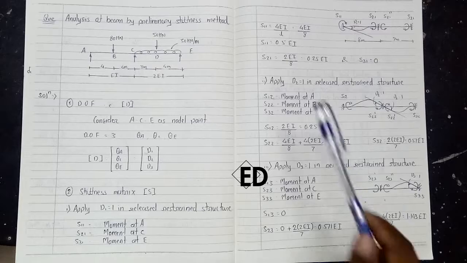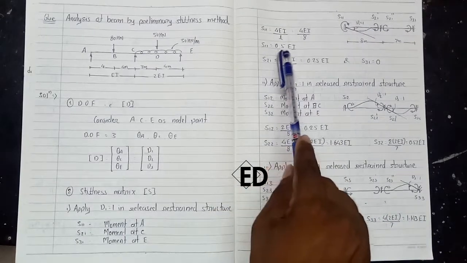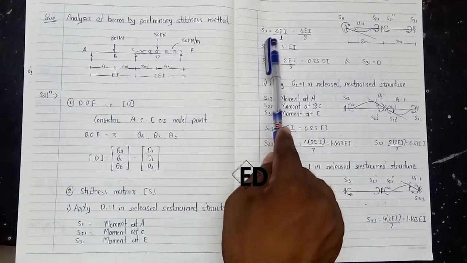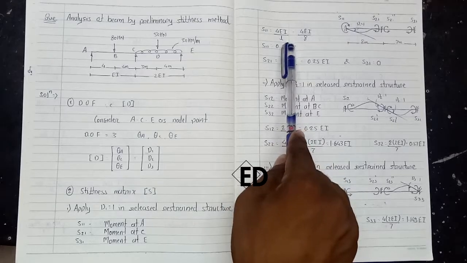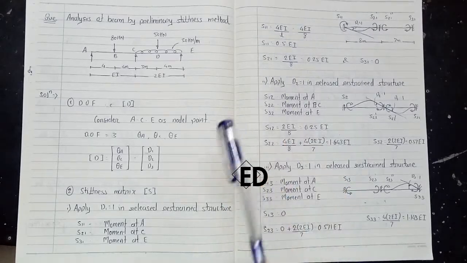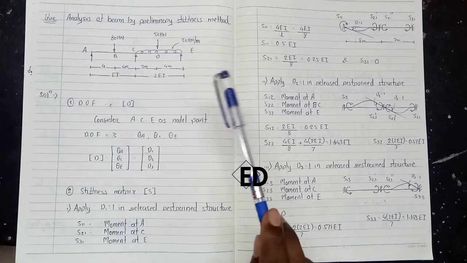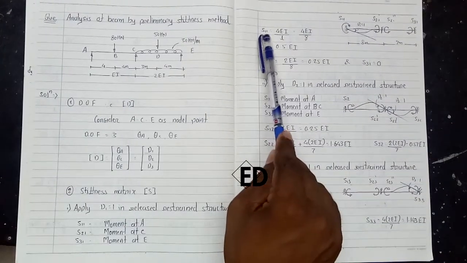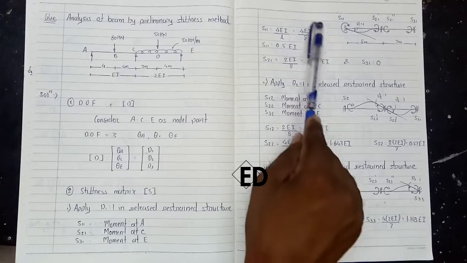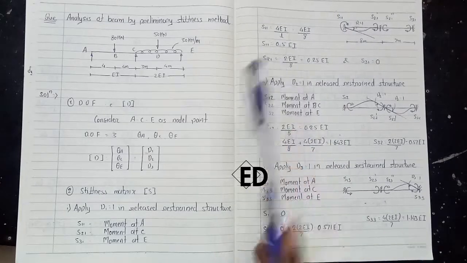Here I calculate directly: S11 is nothing but 4EI by L. How this formula comes, please refer to my last video. So I directly use that formula, S11 is 4EI by L. Putting in the value, we get 0.5 EI.